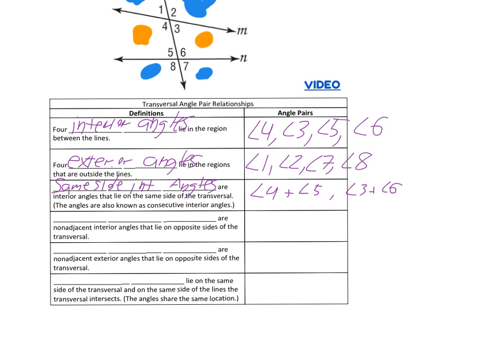In addition to our same side interior angles, we're also going to have alternate interior angles, which are going to be non-adjacent interior angles that lie on opposite sides of the transversal.